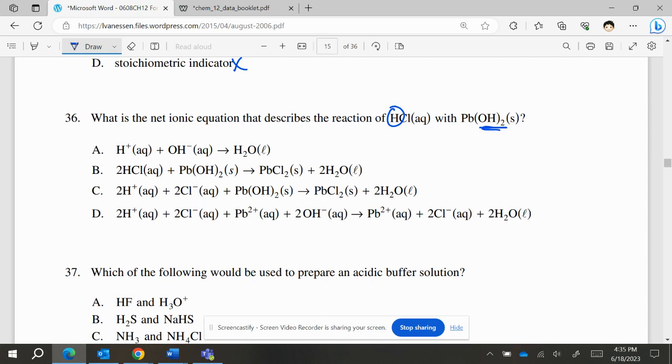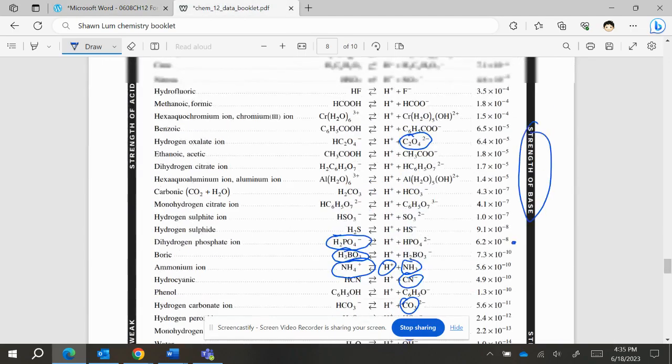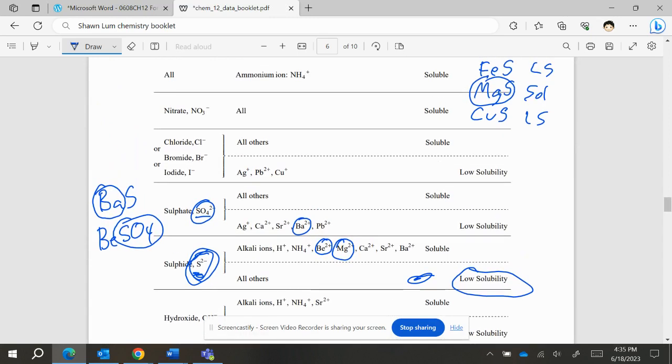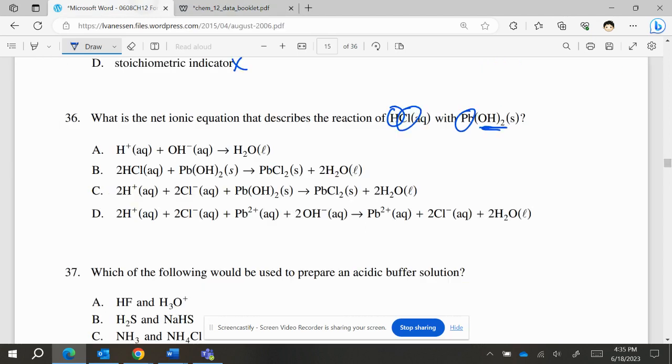And we want the net ionic equation. And I think PbCl is low soluble. Just want to double check. I'm like 99% sure. Yeah, PbCl is low soluble. So that's going to be forming a precipitate.